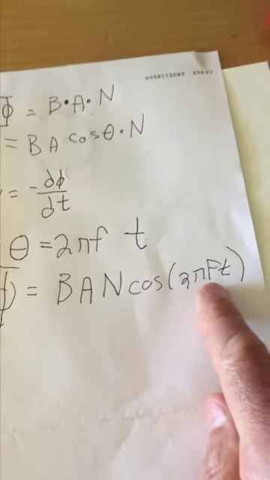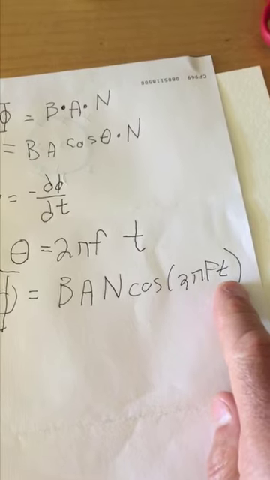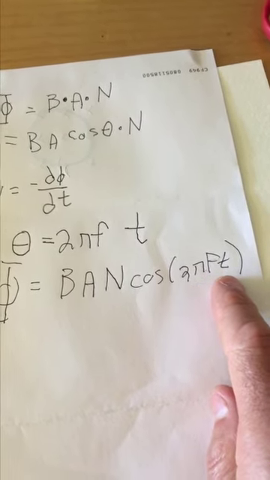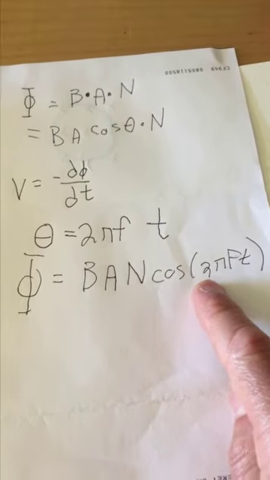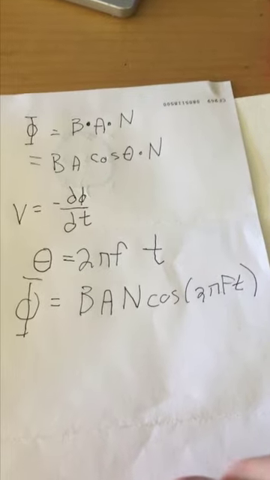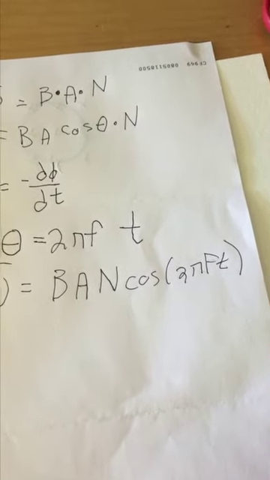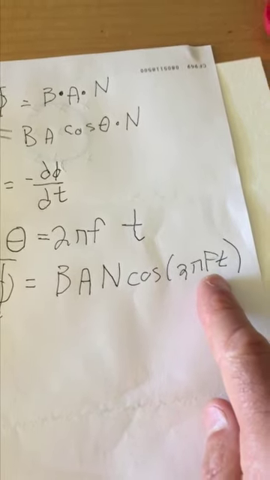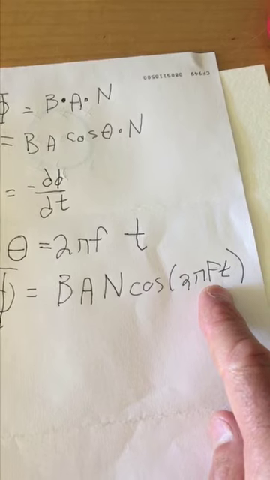Like if f is 1 cycle per second, then in 1 second you're going to be back to cosine 2 pi, which is cosine of 0, which is 1. You'd be back to the maximum amount of flux. So if you plotted this, it would look like a cosine function that repeats with a period of 1 second. That's what this would look like if f were 1. If f were 2, it would repeat every half second, and so on.